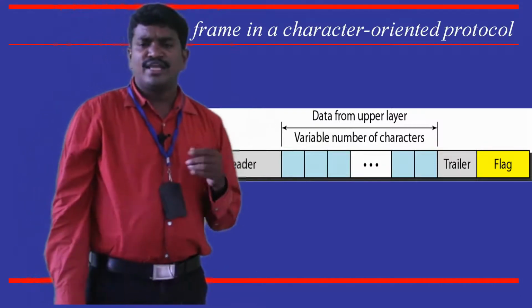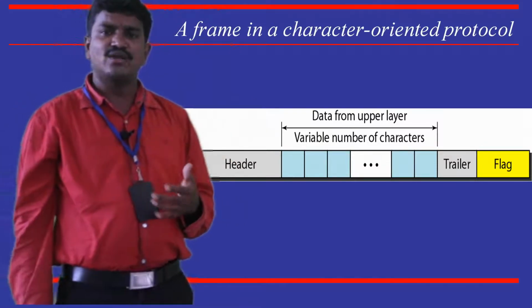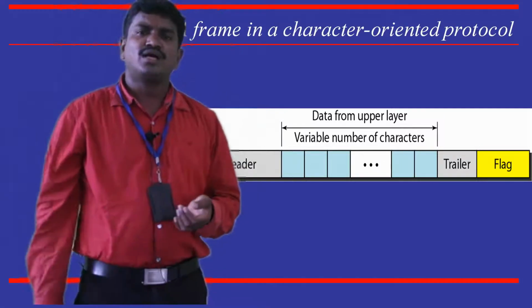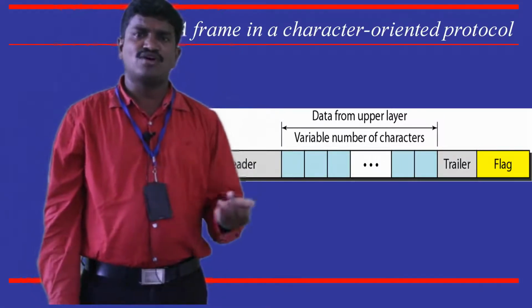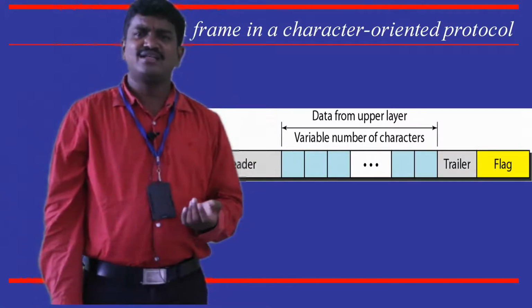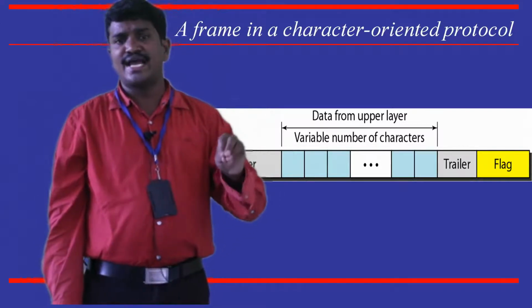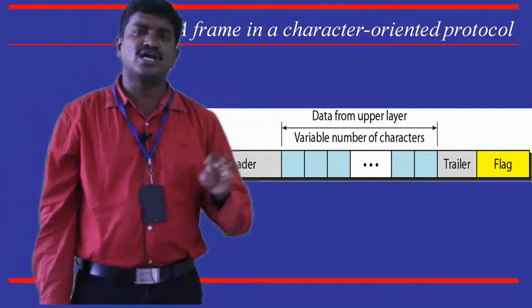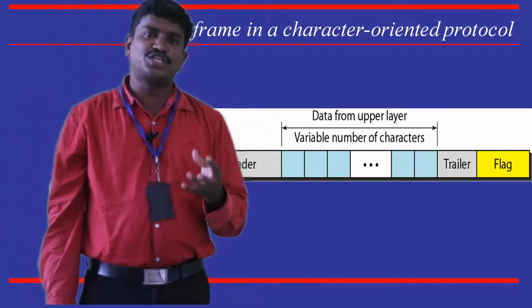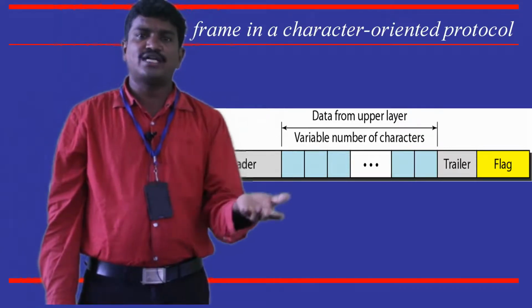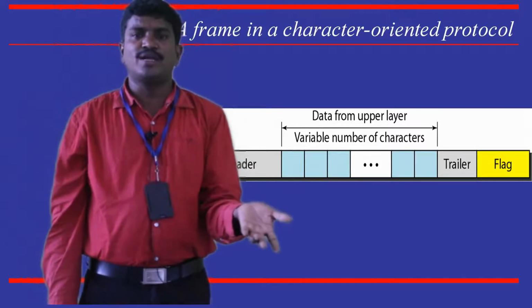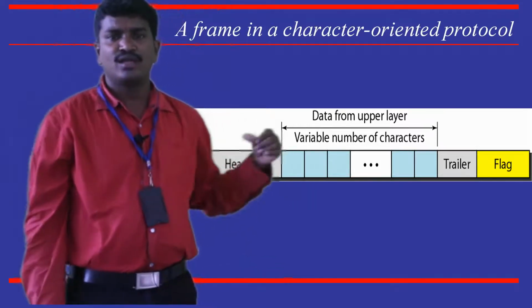If the data link layer always transfers characters like alphabets or text data, then there is no problem, because we never take a character which is in the character set. We take a special byte which is normally not part of the text as a flag.